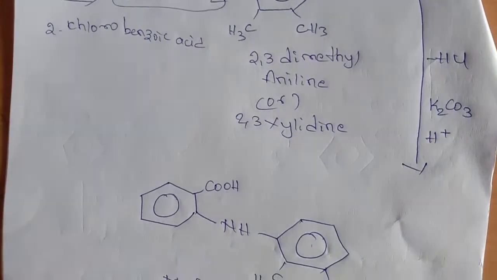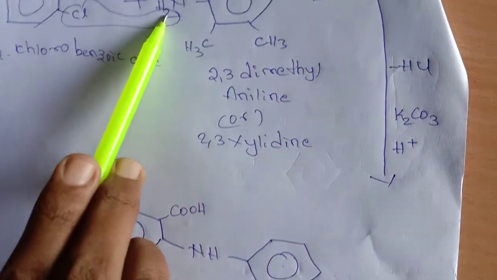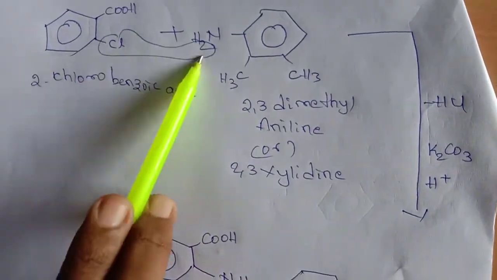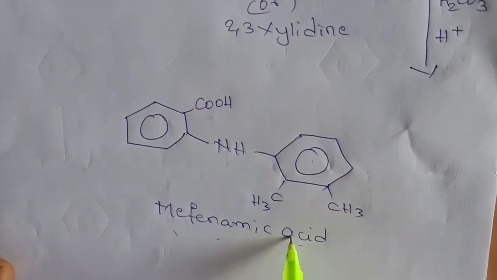We will get mefenamic acid by the removal of HCl, here one H and Cl.